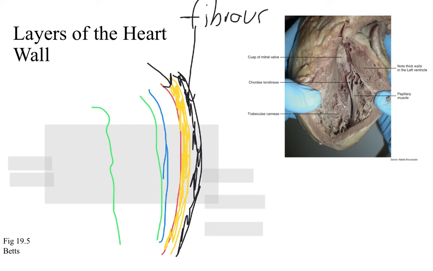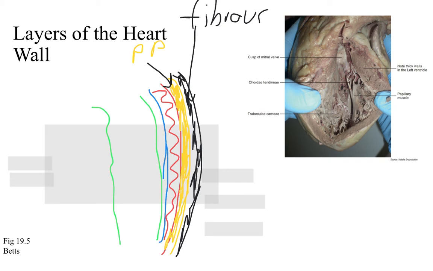All right, so that's your parietal pericardium. Then we have our space filled with serous fluid, all right, our pericardial cavity that's filled with serous fluid.